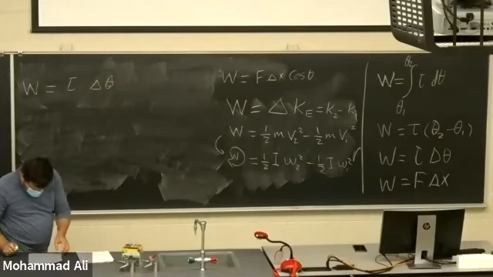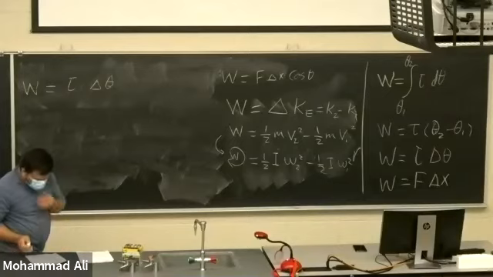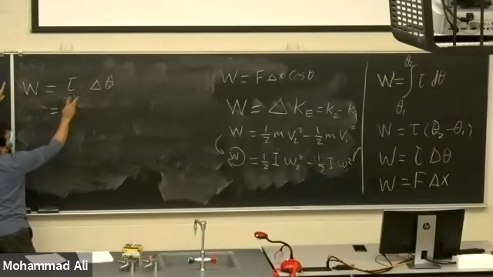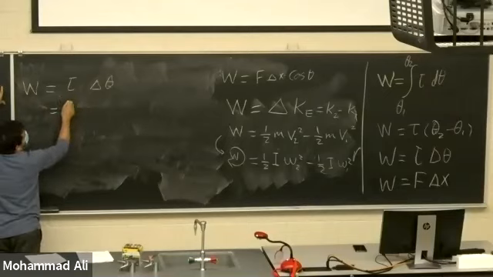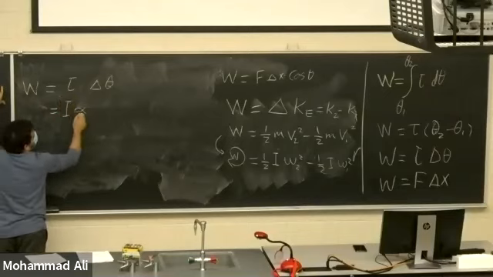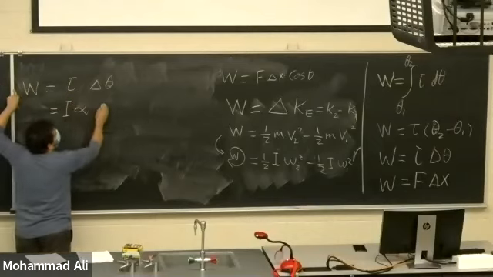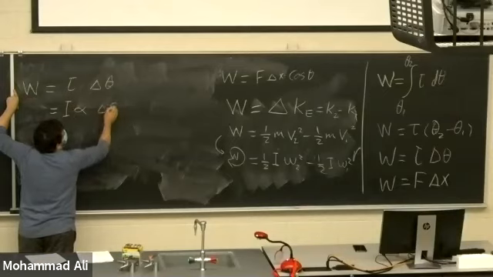Now, the torque from Newton's second law is equal to I multiplied by alpha, where alpha is the angular acceleration, multiplied by delta theta.